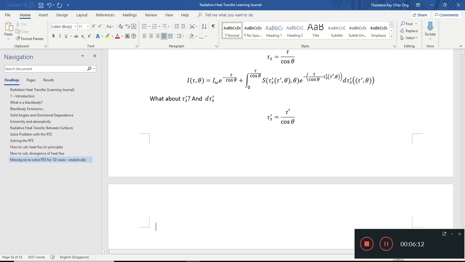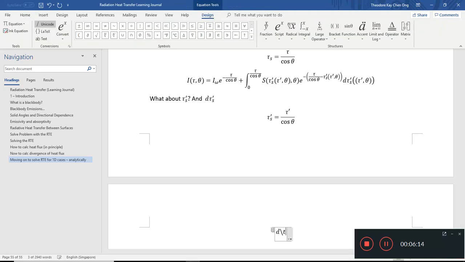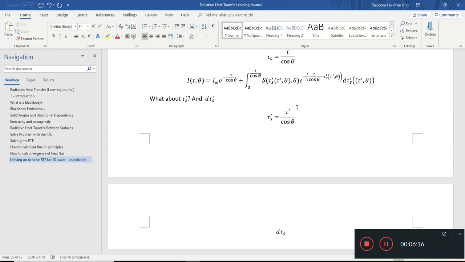If we differentiate this, cosine theta for a fixed theta is constant, so 1 over cosine theta is constant.